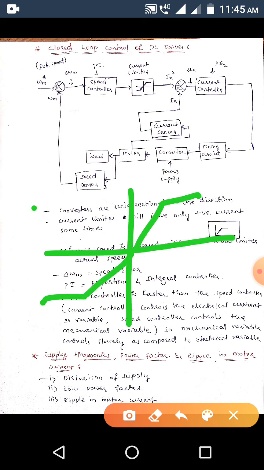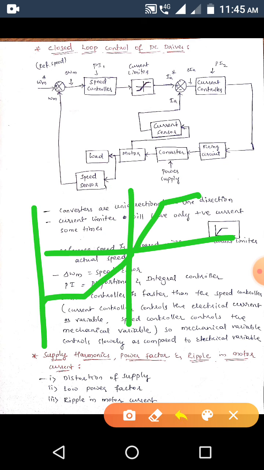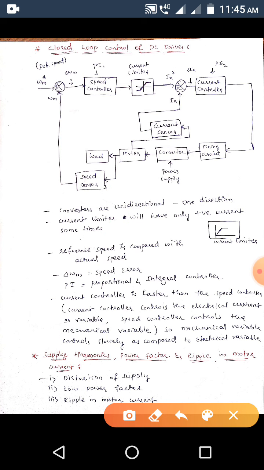The current limiter has the closed loop here. The output of the current limiter is IA star, which is nothing but the reference current. Then we have the actual current IA here.